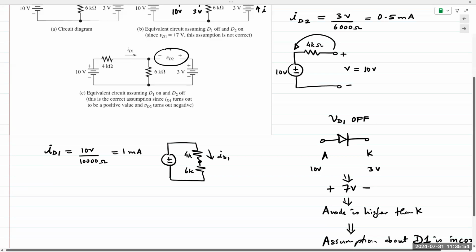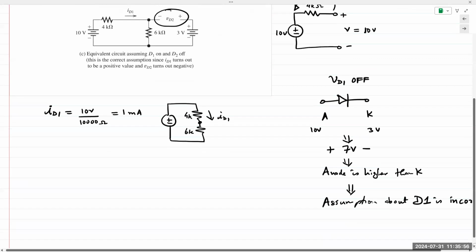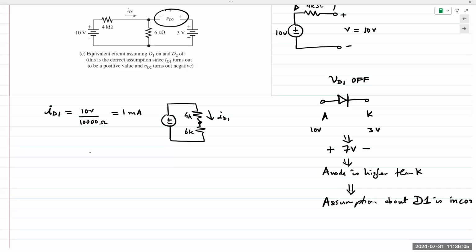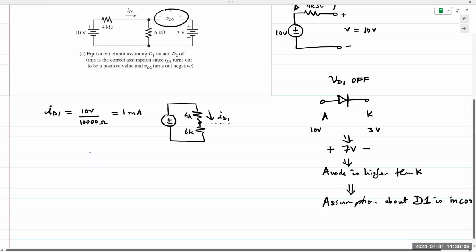How many of you remember voltage division? This is the circuit. This midpoint is the minus, and then from 6K, we apply plus 3 volts. That's the battery, right? So the battery is going like this.